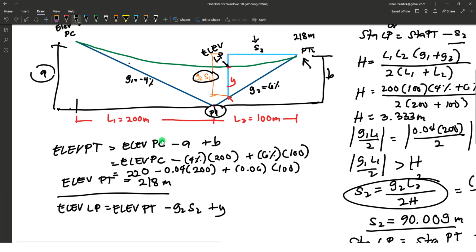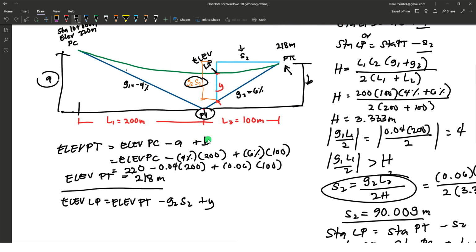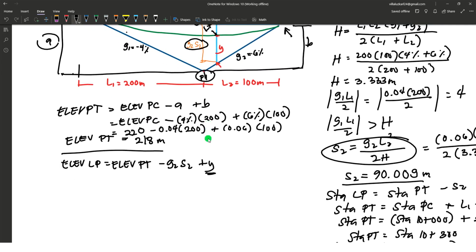Let's now compute y. Y can be solved by using again the squared property of the parabola. So right here, G1 L1 over 2 is greater than h.